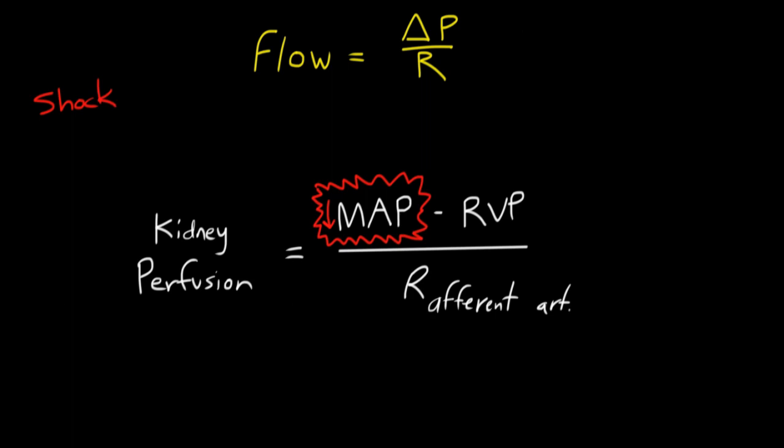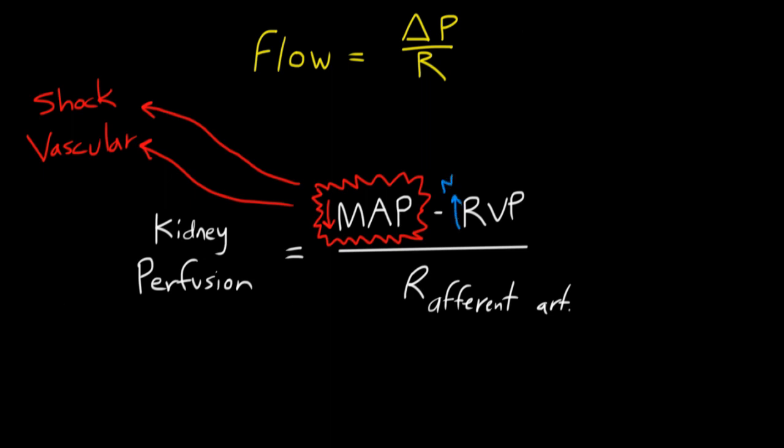Other things, like think about vascular causes, vascular disease, so aortic dissection, let's say a ruptured AAA, renal artery stenosis or severe atherosclerosis or a dissection in the renal artery. Any of these things would cause a drop in the arterial inflow into the kidney or the mean arterial pressure of the entire body.